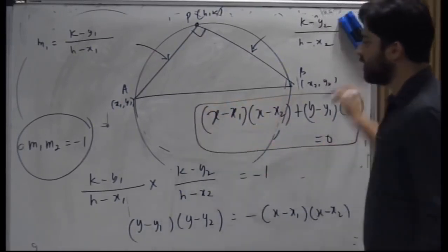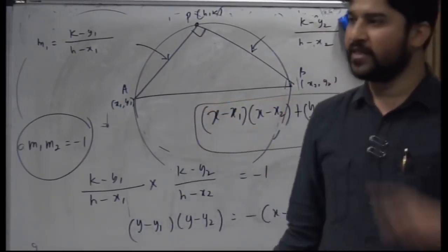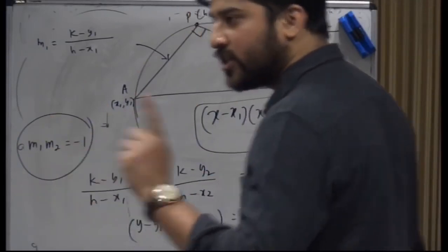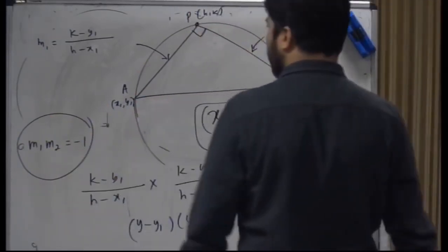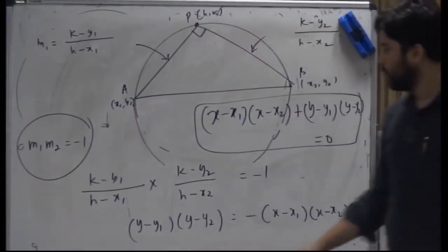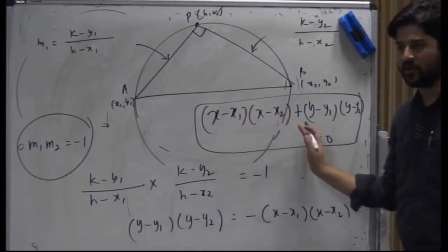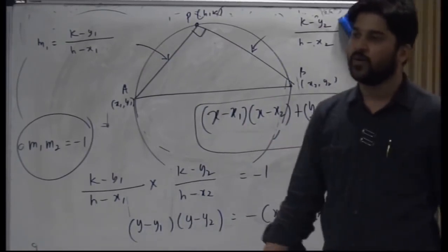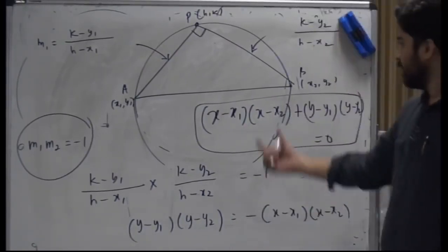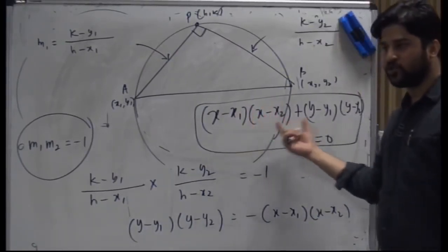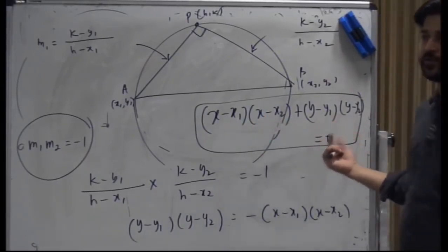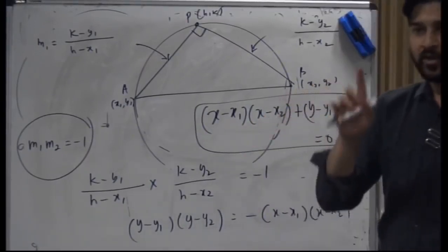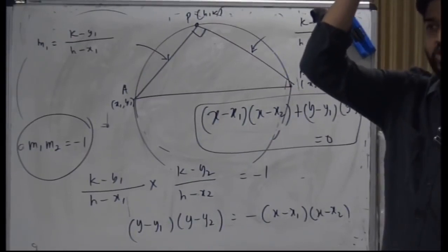So this is the diametric form of a circle. We have already understood the general form, so we have got another form called diametric form. Simple: the endpoints of the diameter are (x1, y1) and (x2, y2), then (x − x1)(x − x2) + (y − y1)(y − y2) = 0, right? The concept comes from the basic slope concept.